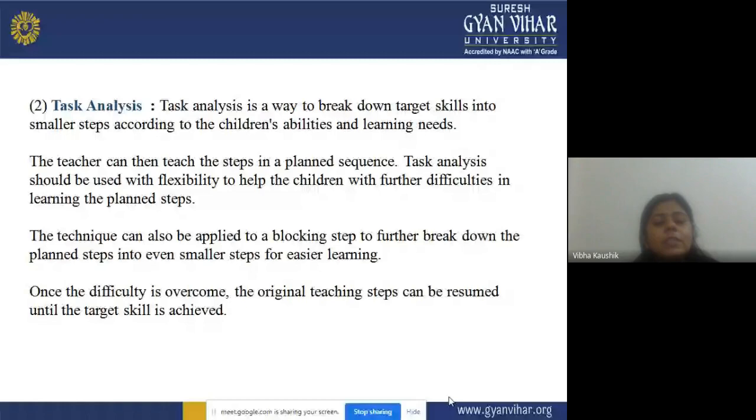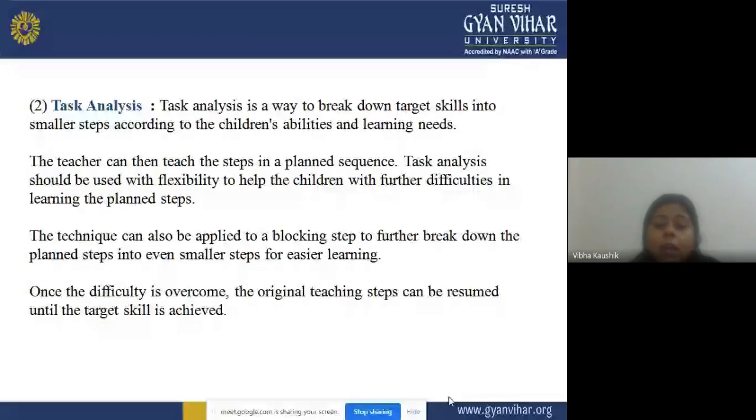Once the difficulty is overcome, the original teaching steps can be resumed until the target skill is achieved. Now, once the difficulty is overcome, what can a teacher do? The teacher can resume the original steps until the target skill has been achieved.